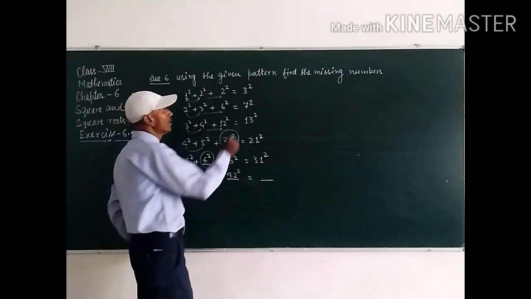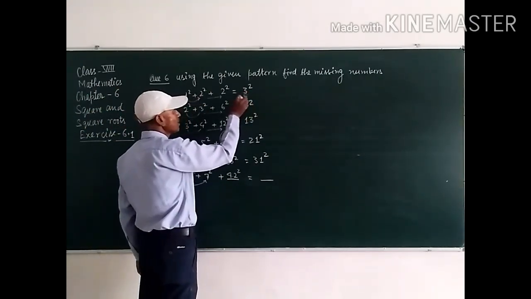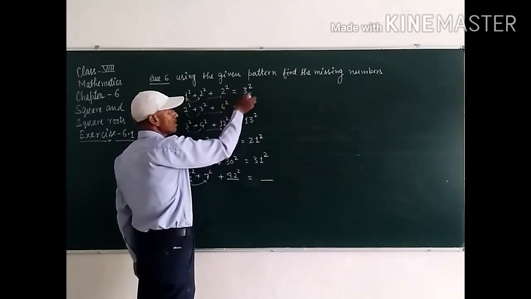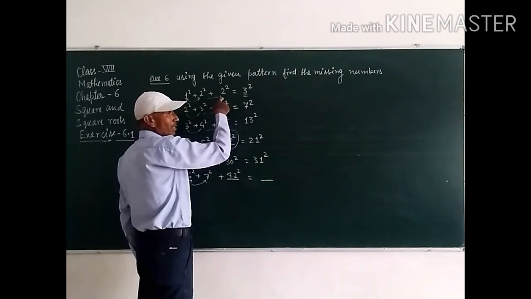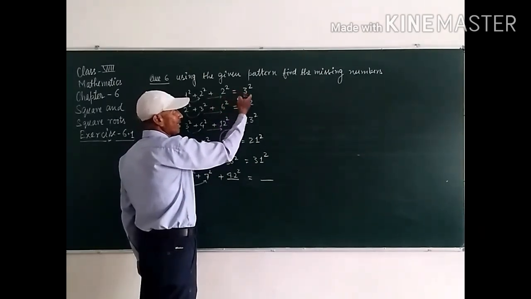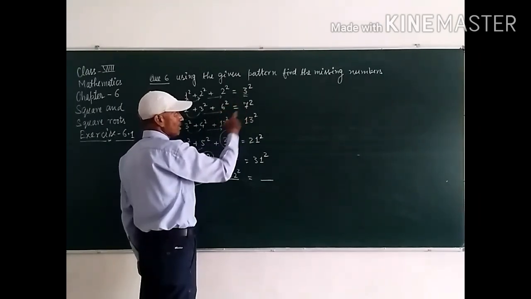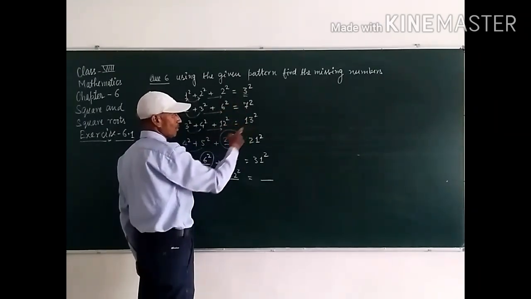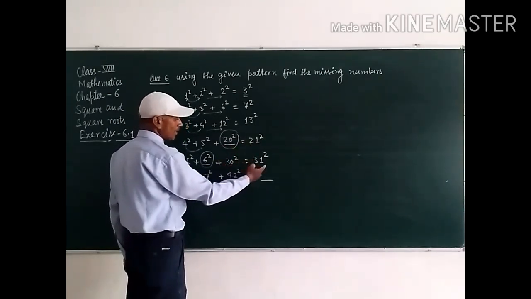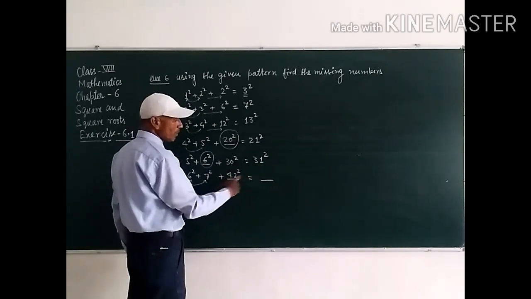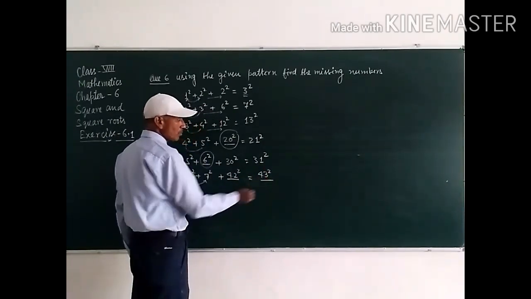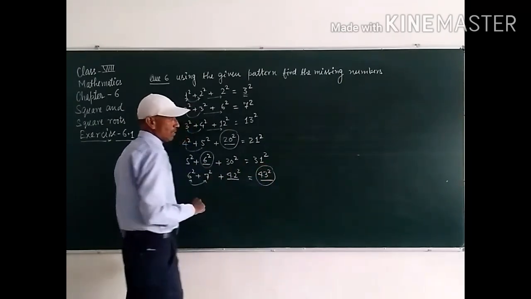And in this one 3 is the square, that is after 2 square, meaning the consecutive number of this number. Clear student? So 2 square and 3 square, 6 square 7 square, 12 square 13 square, 20 square 21 square, 30 square 31 square, 42 square then 43 square student. Clear? So this number will be 43 square.